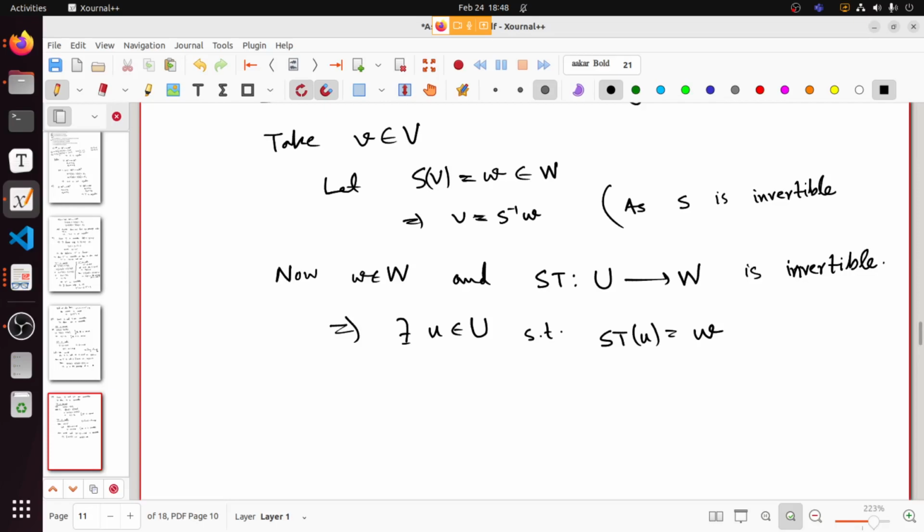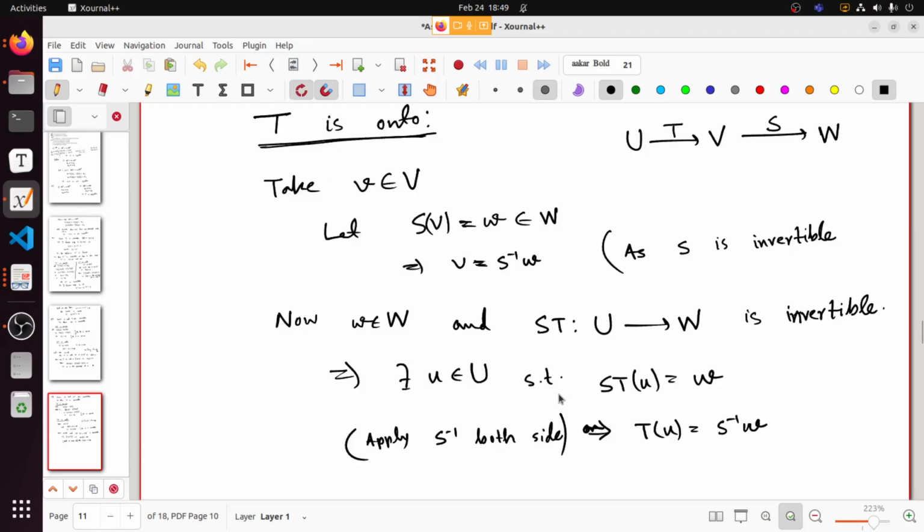Which is the same as, since S is invertible, apply S inverse on both sides. So this implies that T of u equals S inverse w. And what is S inverse w?